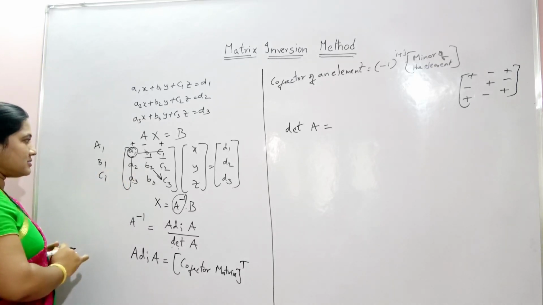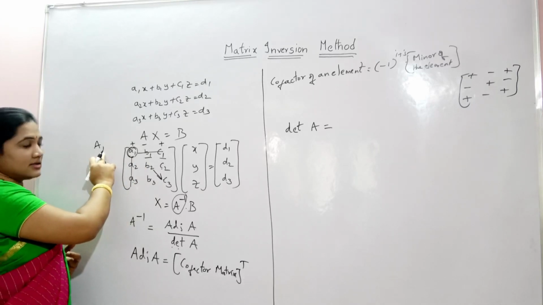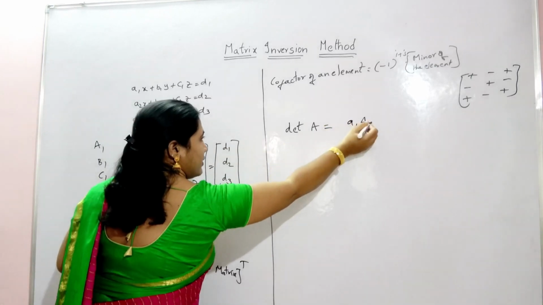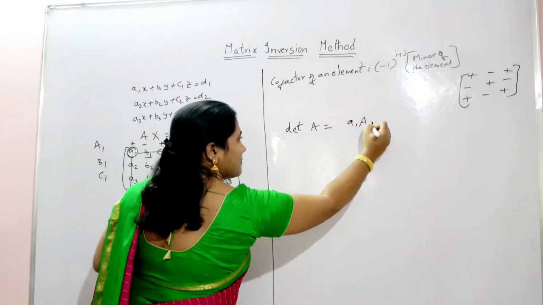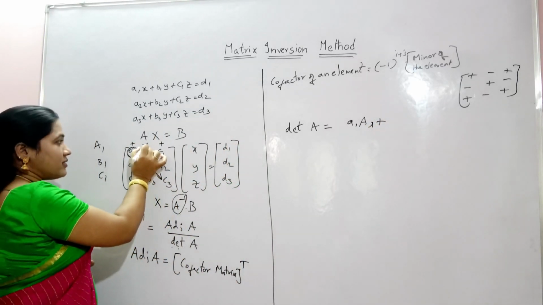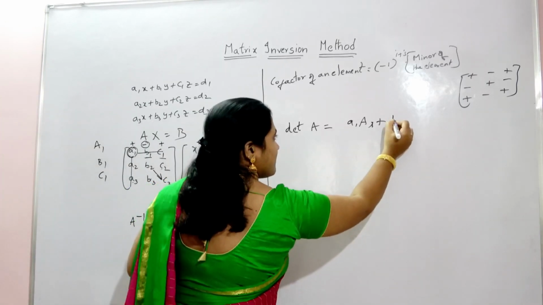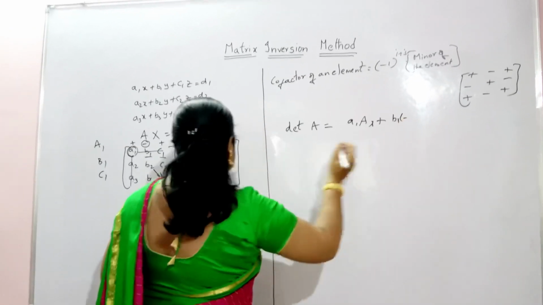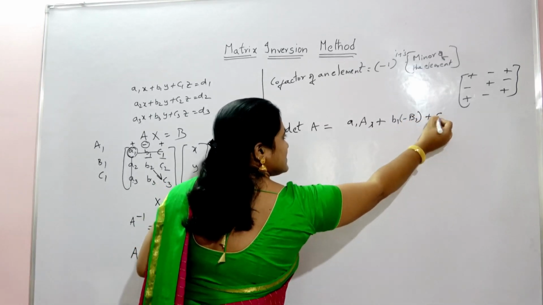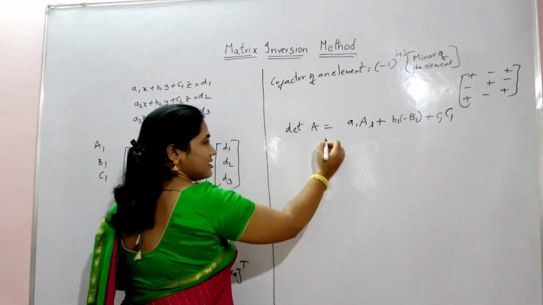Then the determinant is the sum of the products of the elements with the cofactors: a1 into capital A1 plus b1 into capital B1 plus c1 into capital C1, where you have to consider the sign when writing the cofactors.